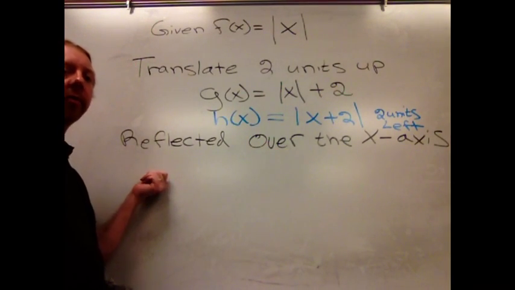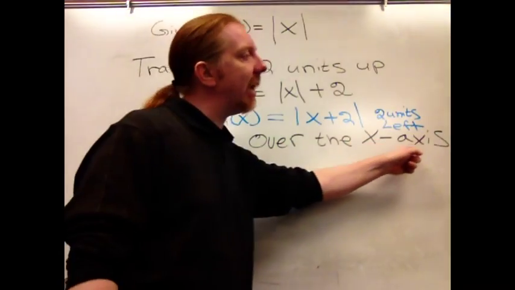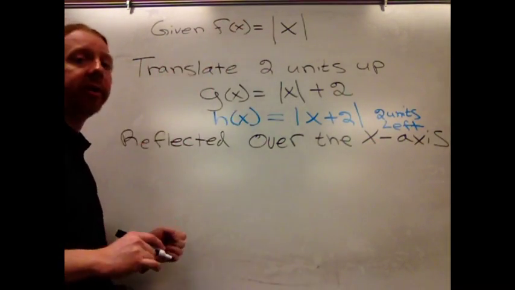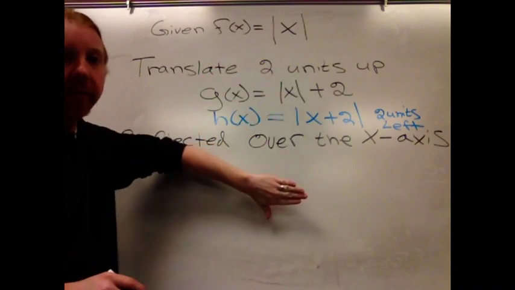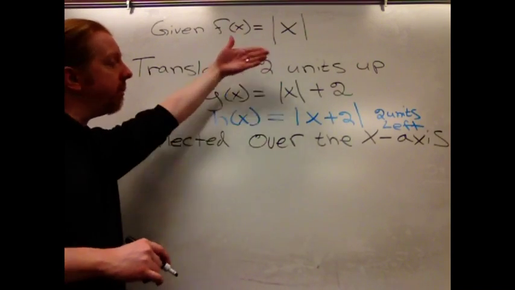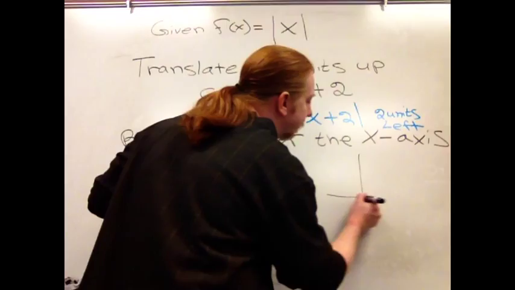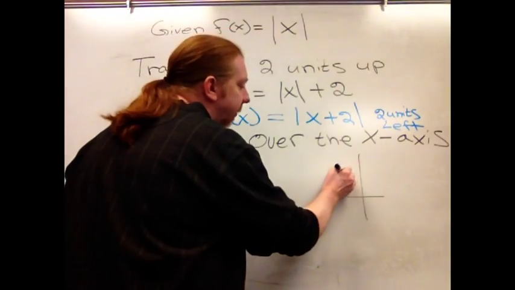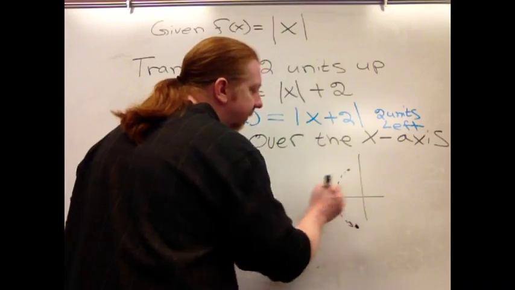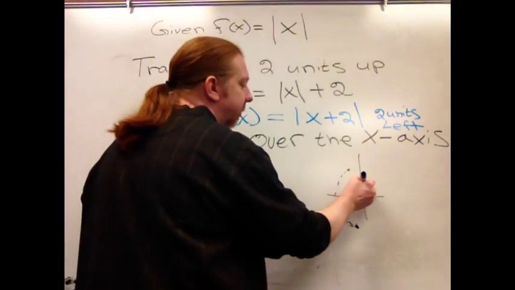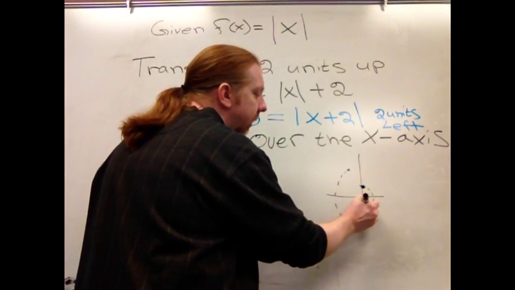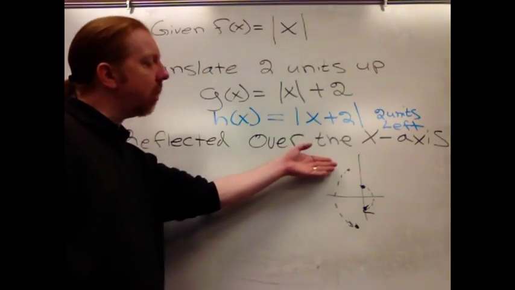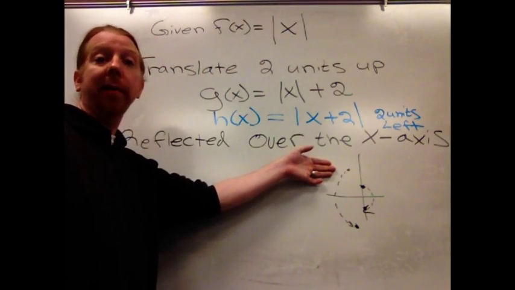Next one down the list says reflected over the x-axis. So that means that I'm going to be taking whatever this function is, I'm going to be flipping it down. For every value, if this point is right here above the x-axis, I'm going to send it to the exact same spot below. So maybe I have this point here, I'm going to send it down there. So that means that all of my y values are going to be multiplied by a -1.